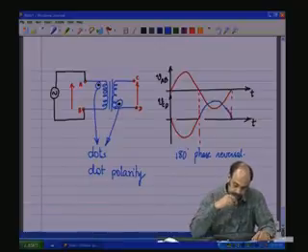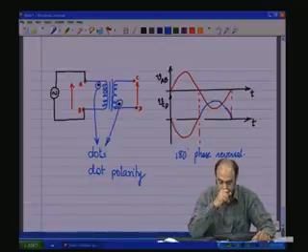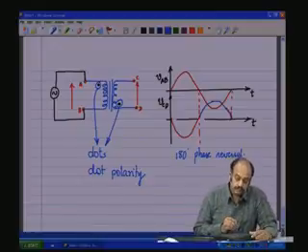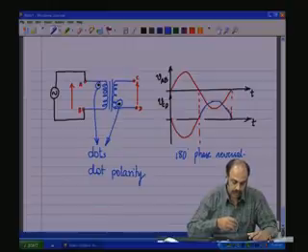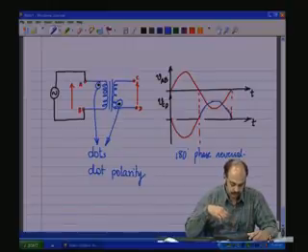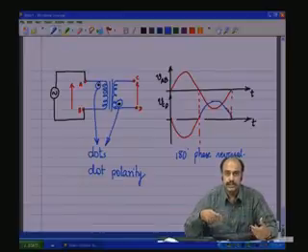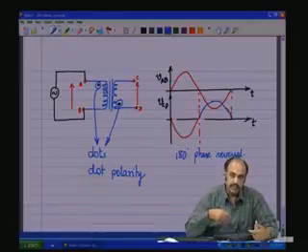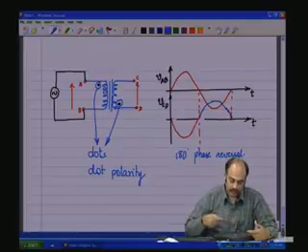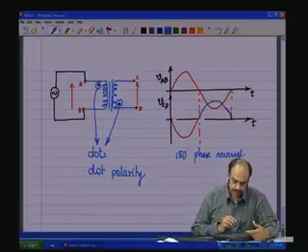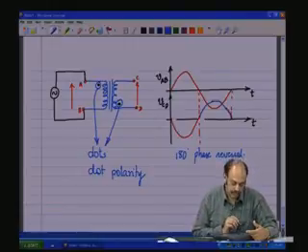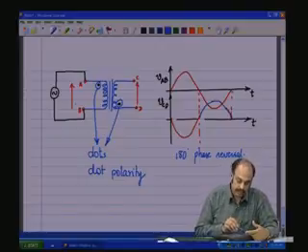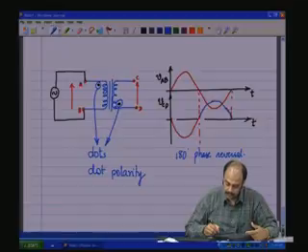And now, these dot polarities can also be used for generating the phasor relationship to get the phasor diagram between the various parts of the circuit, including the transformer. Let us draw the phasor relationship between the primary and the secondary for any given dot polarity.